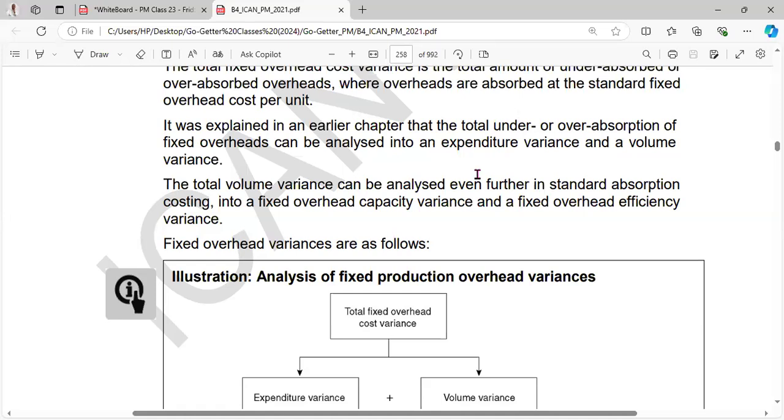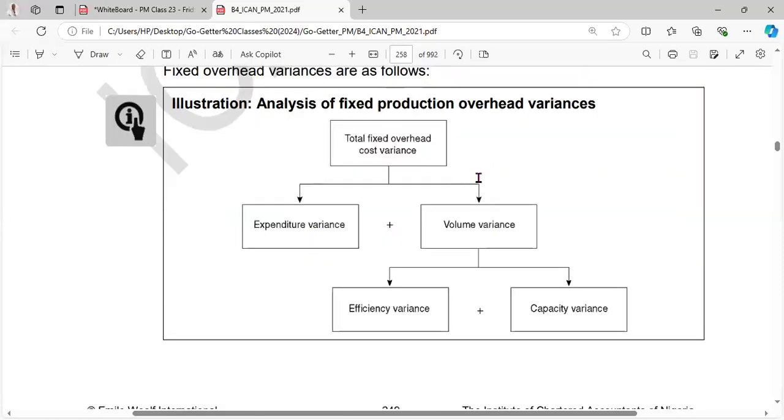So we have expenditure on the one hand, and volume on the other hand. And the volume can be divided into two: capacity and efficiency. So we'll look at it now.